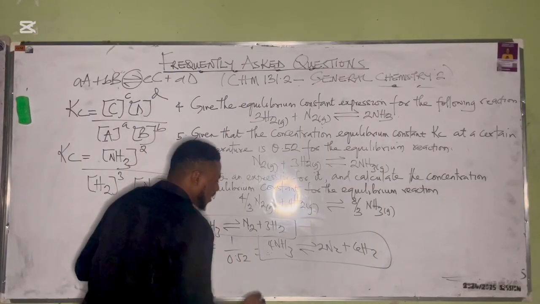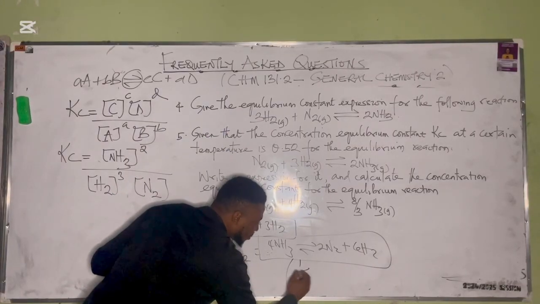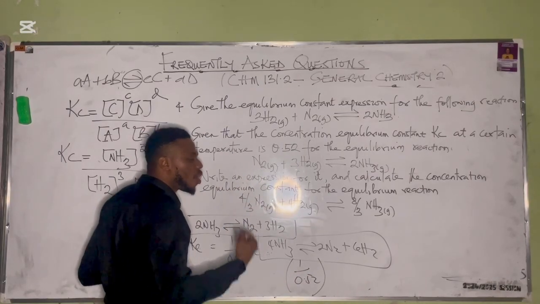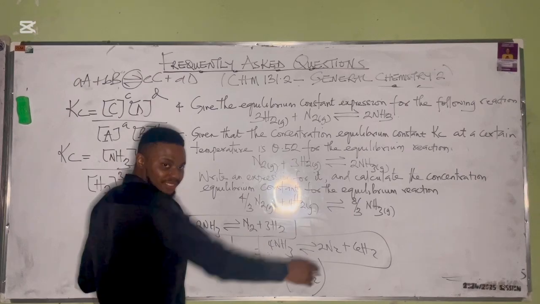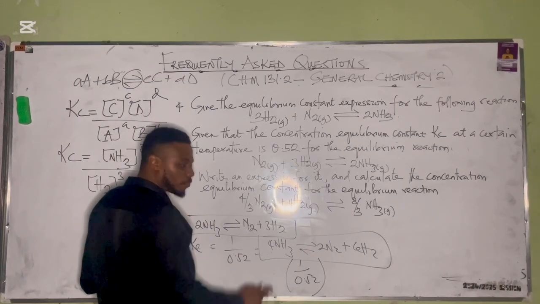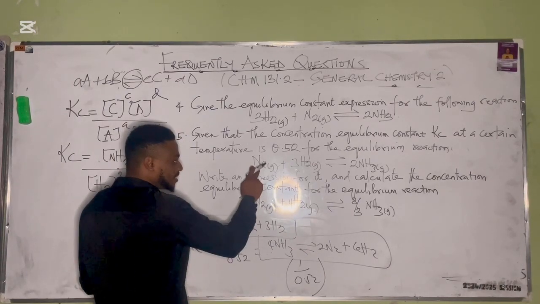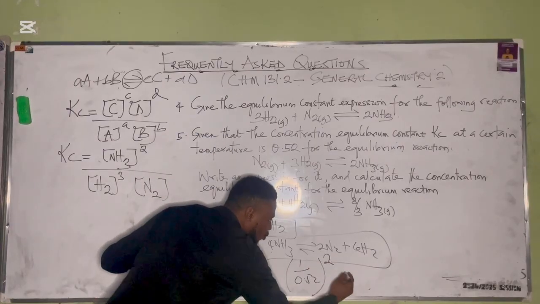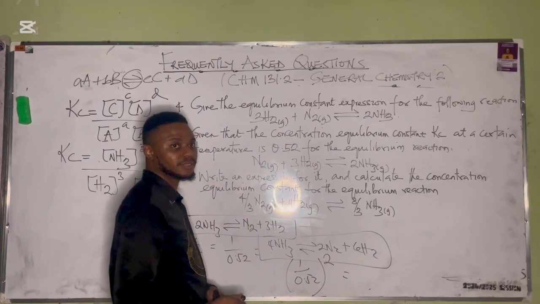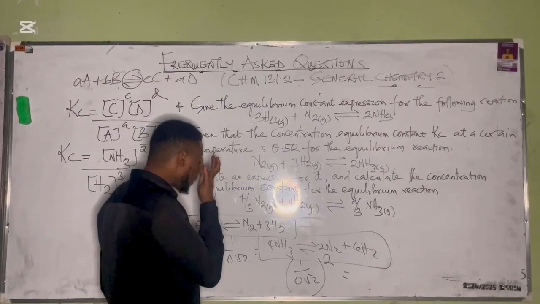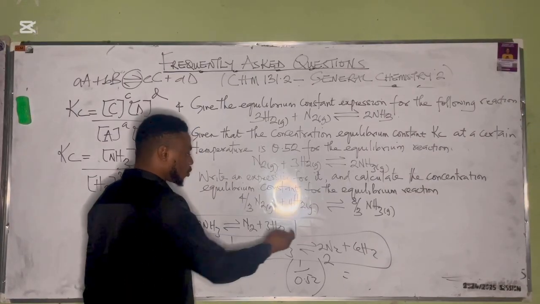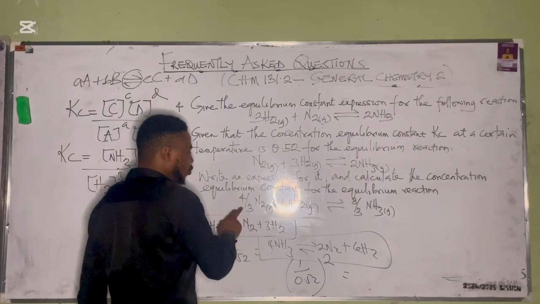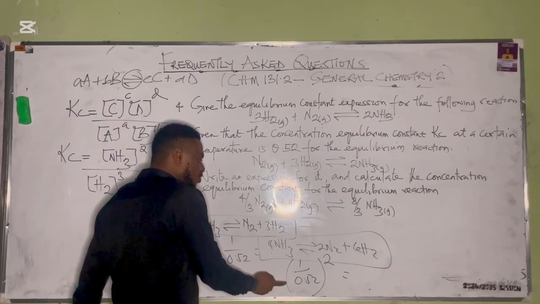So what you have to do is first solve for it when it's reversed, so 0.52. Then you raise it to the power of what was used in multiplying it to get to this point. What was used in multiplying these to get to this point was 2. The common factor was 2, so you raise it to power 2. So it's important to state that the factor that multiplies the original reaction to get this one must be the power.